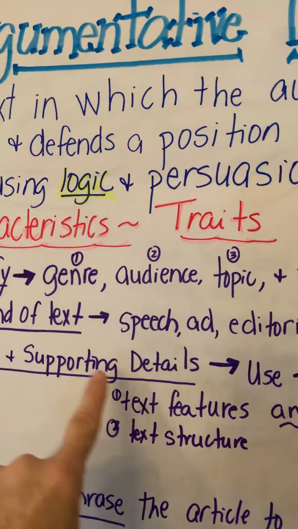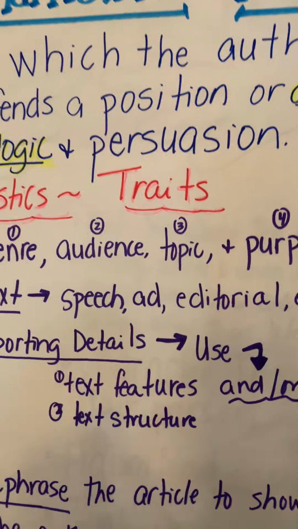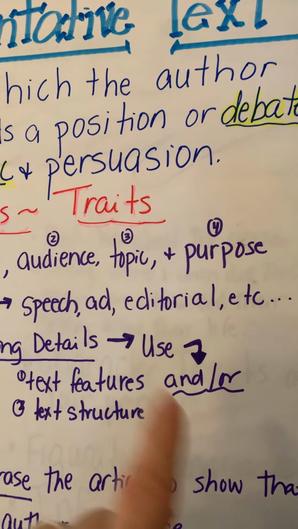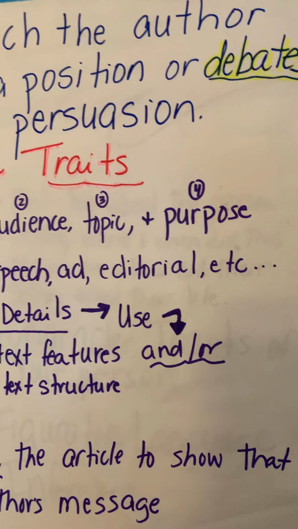Also, you're going to look for the key idea and the supporting details. Sometimes we can use our text features to figure out what they're talking about. Remember text features we learned last week? Caption, photograph, bold words, heading, italics, got that. Or text structure. The text structure could be cause and effect.